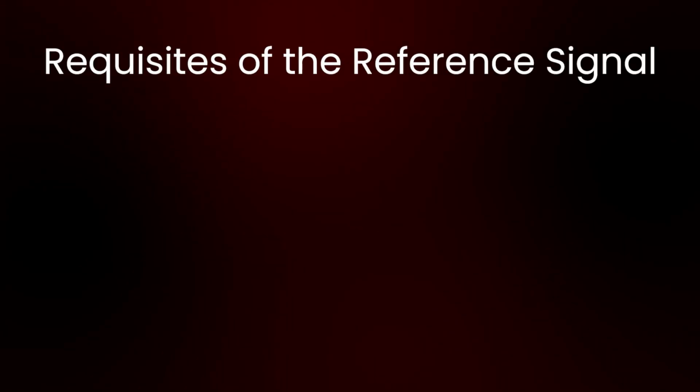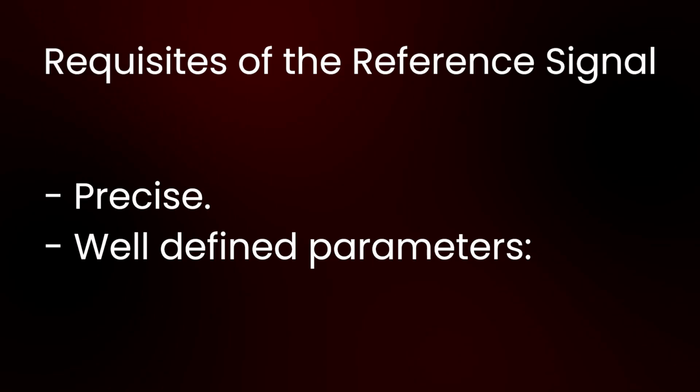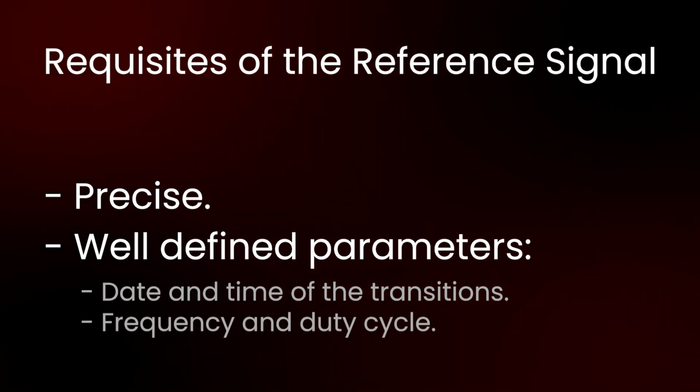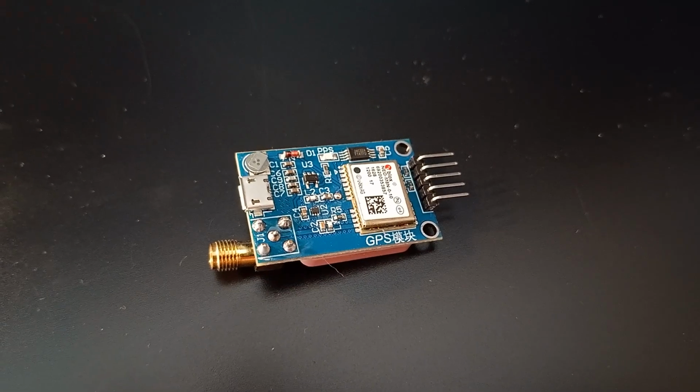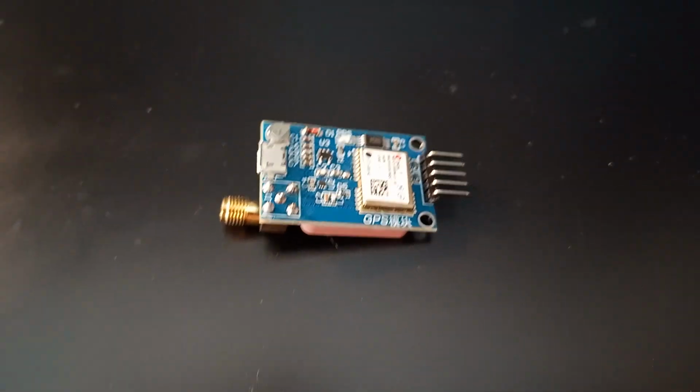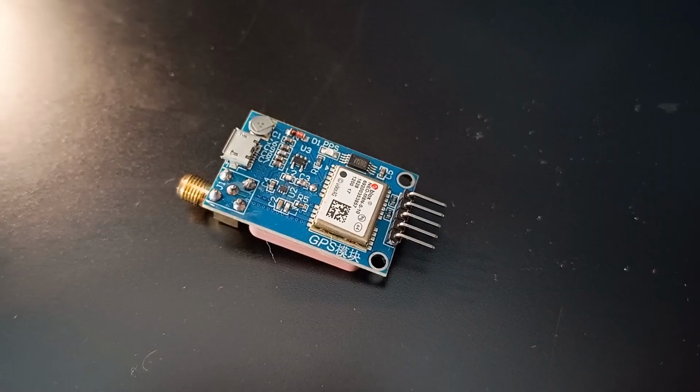The idea is that this signal will be really precise and we will know all relevant information from it. In particular, we will know the date and time of its edges or transitions, and we'll know its frequency and duty cycle. In my case, I decided to go with the PPS generated from a GNSS sensor, the u-blox NEO-M8.